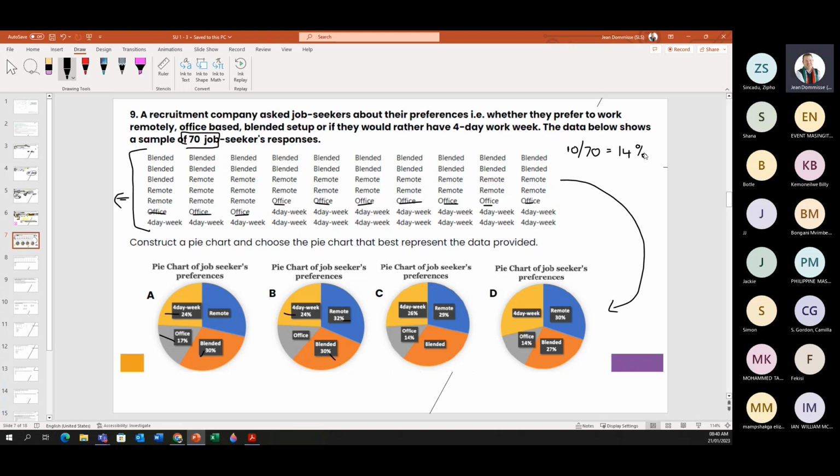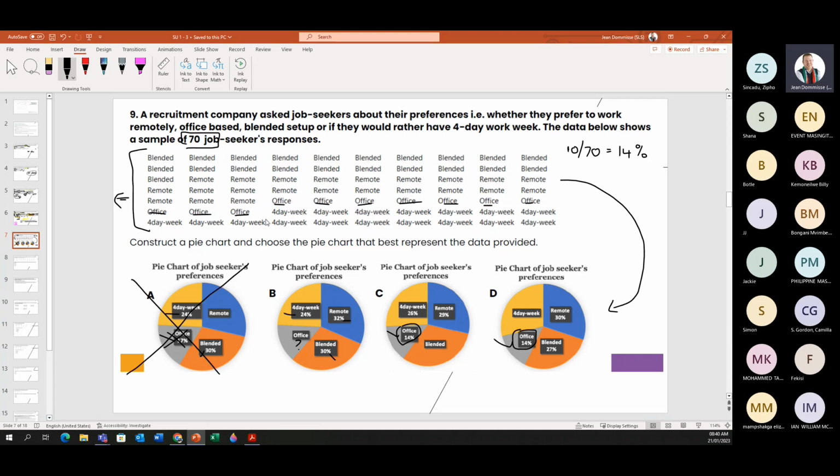Okay, so that is for office. We could add those together and get that one, but let's say we're going to work out one of the others. 14 correct, 14 correct, 17 incorrect. Option A is not an option.